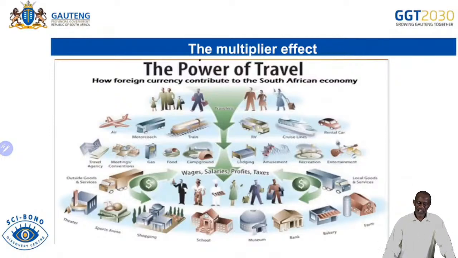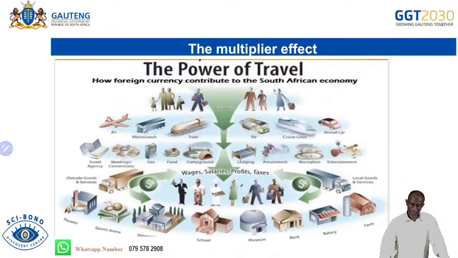So if I have to explain this diagram, here is an indication that tourists will pay for transport, that is flights, cruise ships, public transport that they will be using during their trips.